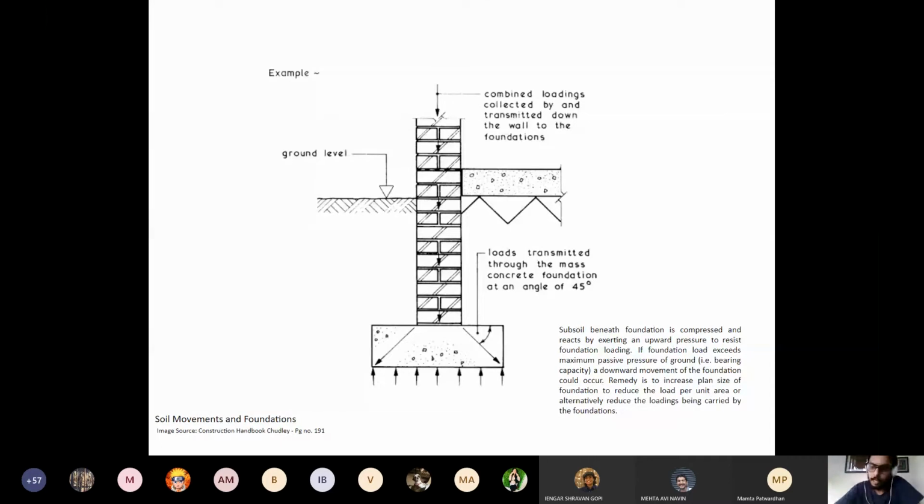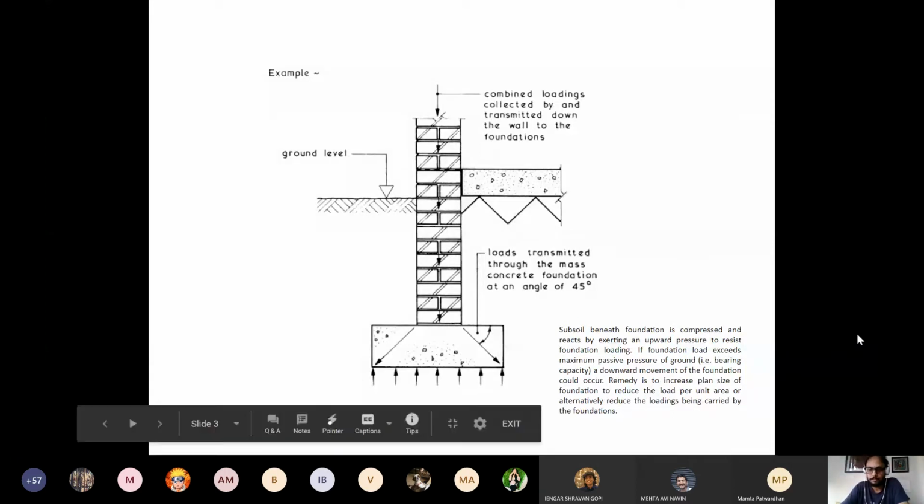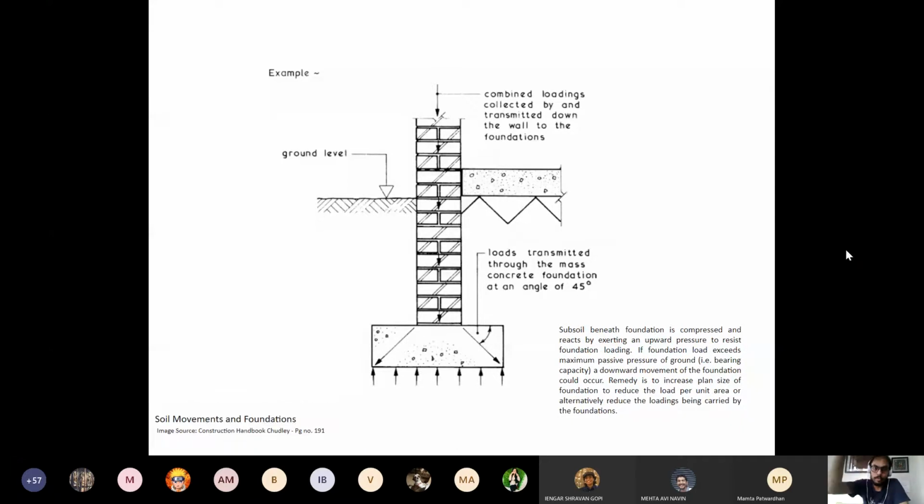Let us understand what is actually happening when the loads move to your footings. Generally, when the loads move down to your footing, they get transmitted through the concrete foundation at an angle of 45 degrees. That is the angle of shear at which the load eventually gets transferred.